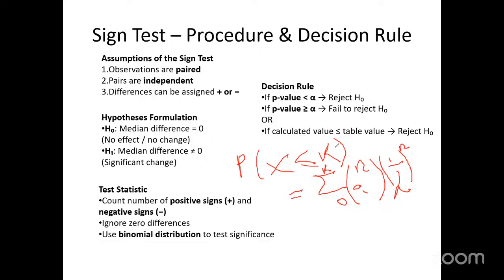If the sample size is small, here small means n less than or equal to 25, use a binomial probability table, that is the tabulated value, to find the p-value for the appropriate k and n. For a large value, that is, if n is greater than 25, we need to do the normal approximation, the Z case.